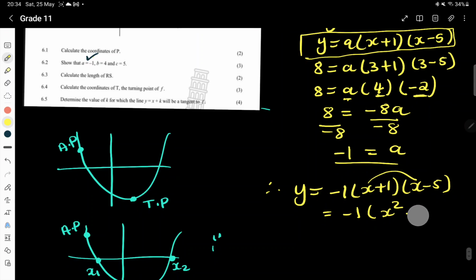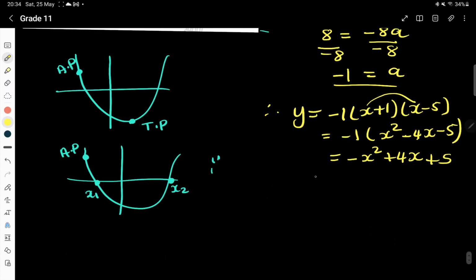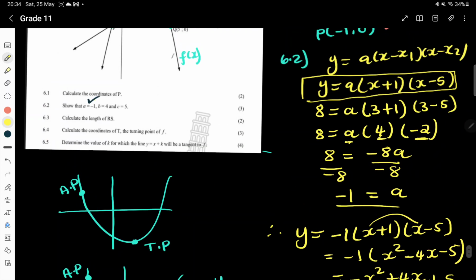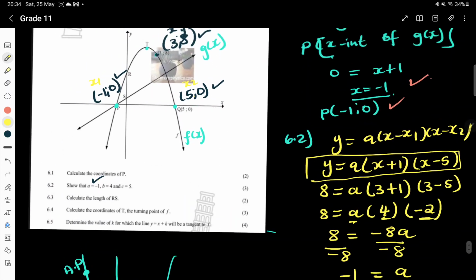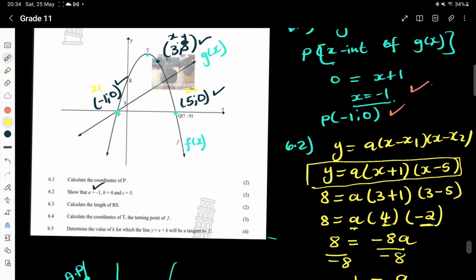Let me just collect the like terms. Minus 5x plus x is minus 4x minus 5, which is then minus x squared plus 4x plus 5. Therefore, remember, your a is negative 1, your b is 4, your c is 5. Then you are okay.